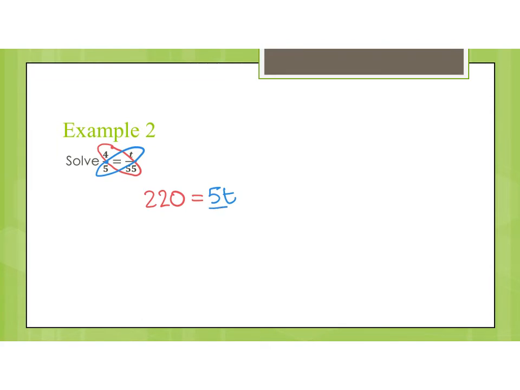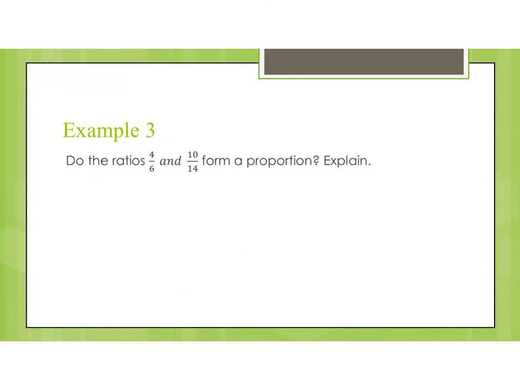I want to get t by itself, so I will divide both sides by 5, and t then is going to equal 44. And you can always double check your work by plugging it back in for the variable and make sure that that works.